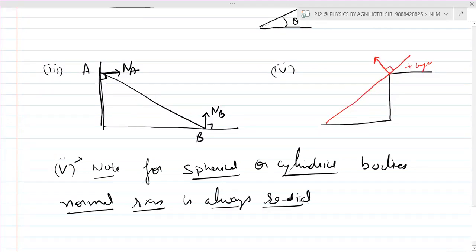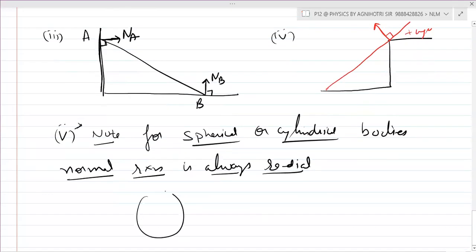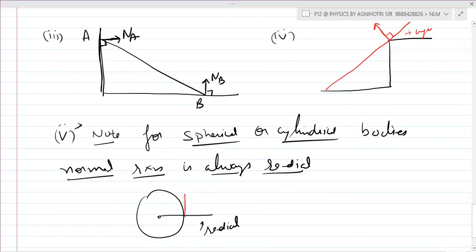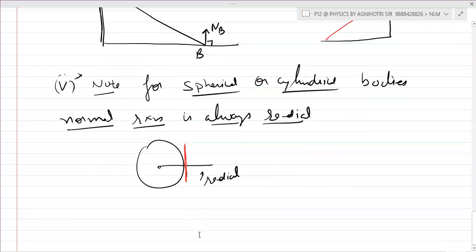If you draw a radial line like this, and if you draw a tangent to it, it will be like this only. Okay, so that's a tangent.